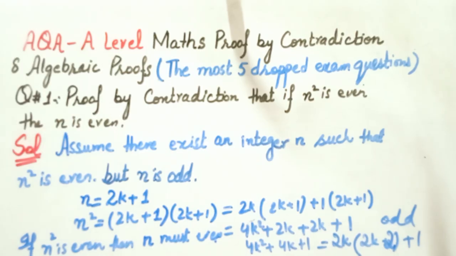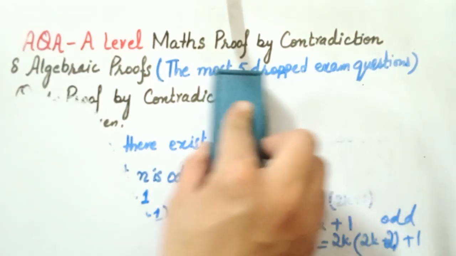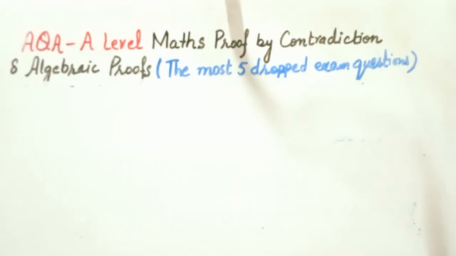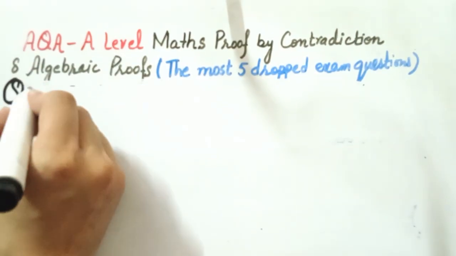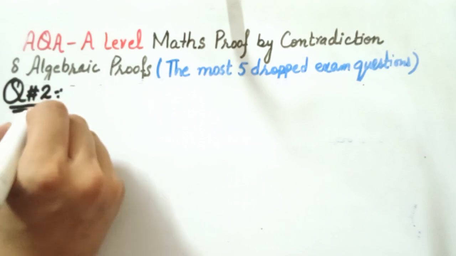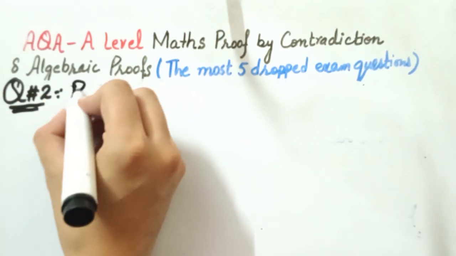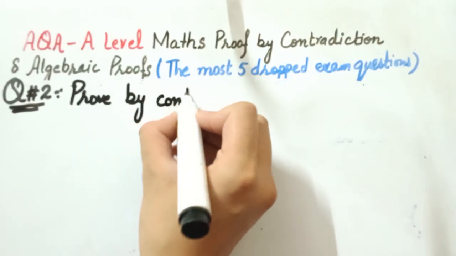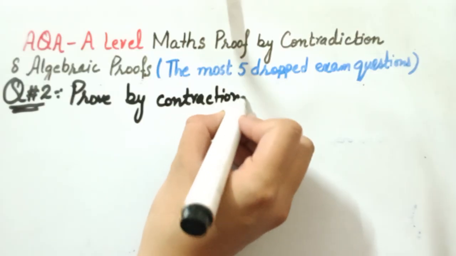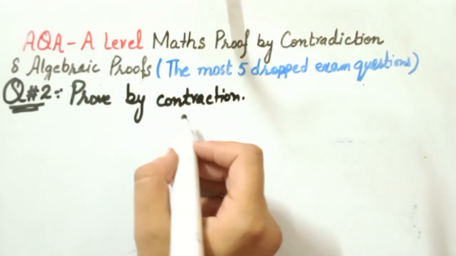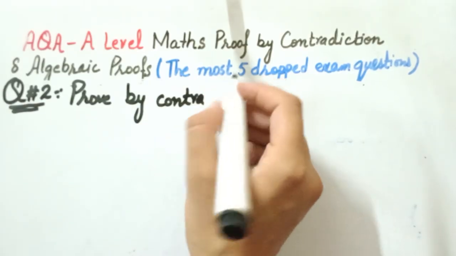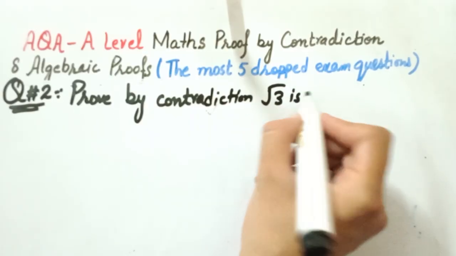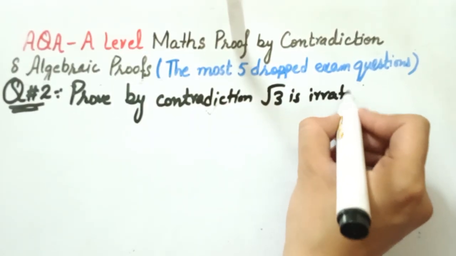Now we will do question number 2. Question number 2 is prove by contradiction that root 3 is irrational.